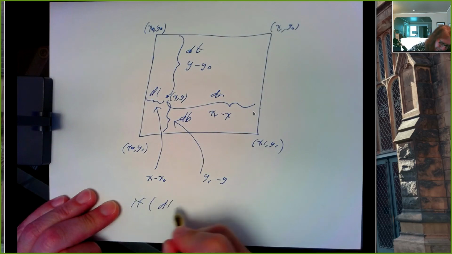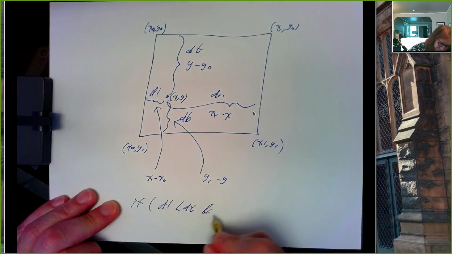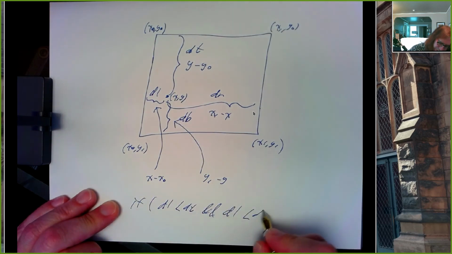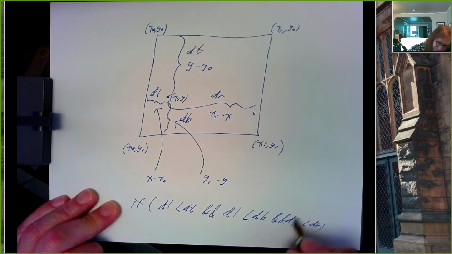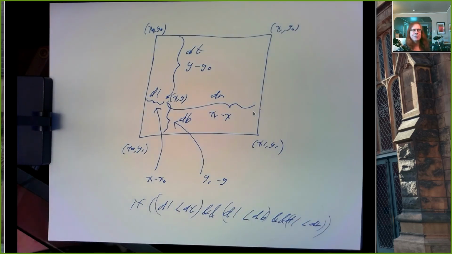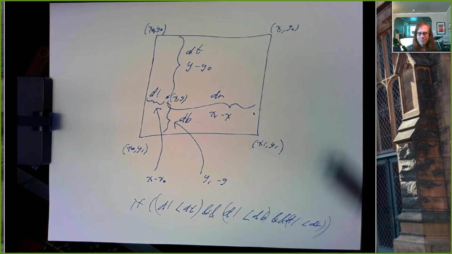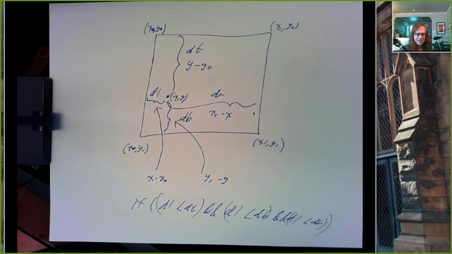And then if distance left is less than distance top and distance left is less than distance bottom and distance left is less than distance right, then you're close to the left line. And set a flag to indicate that, right? And just write four statements. Yep, exactly.